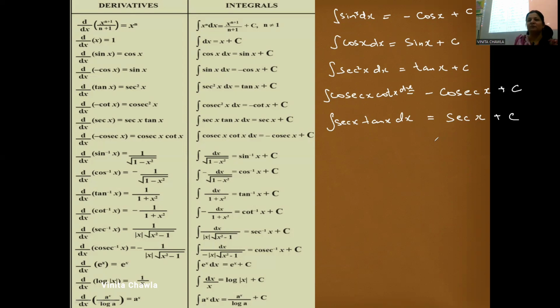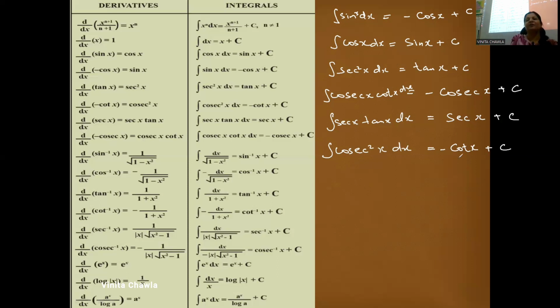We have not written one now. When we differentiate cot x, then we get minus cosec square x. So when we integrate cosec square x, we'll get minus cot x plus c.